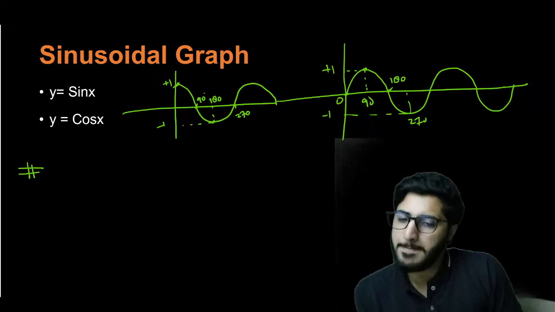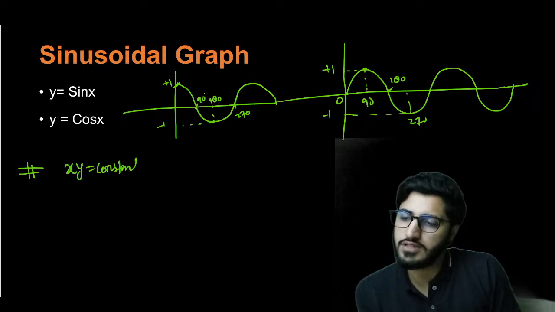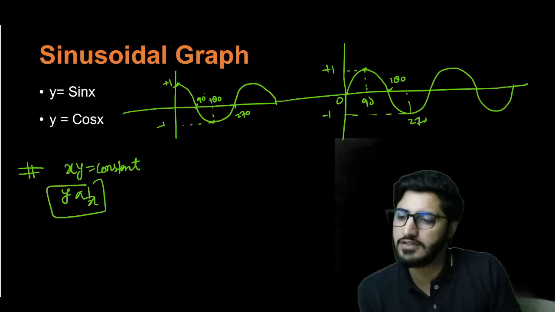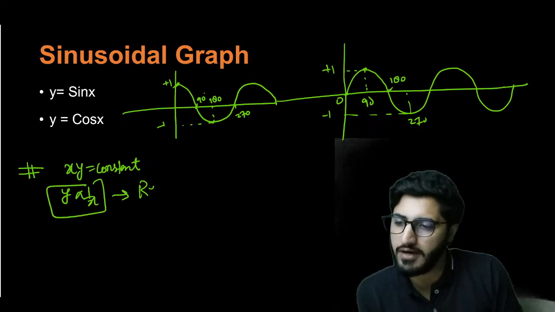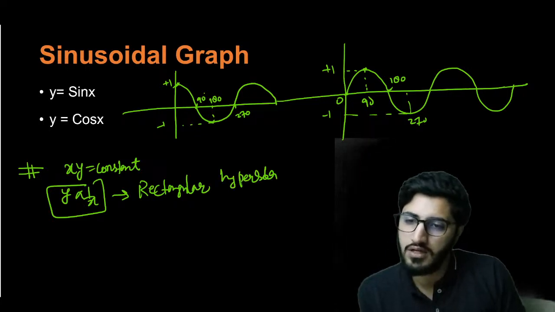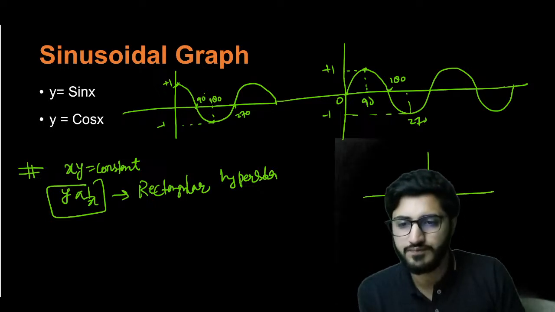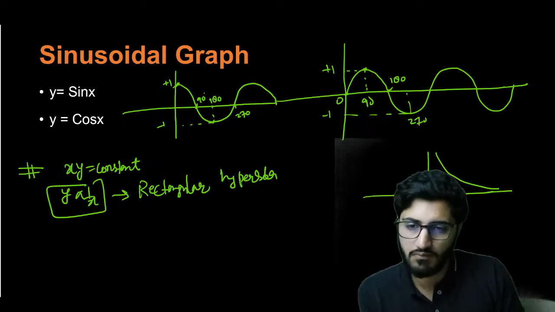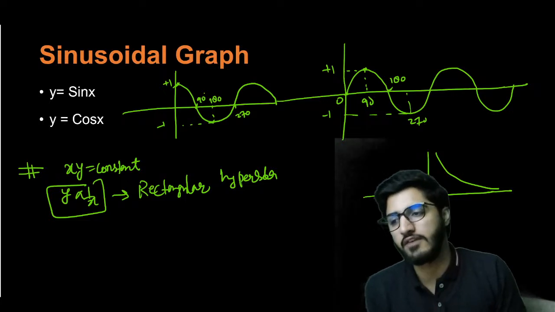If we are having, let's say, xy is constant, so you can say y is inversely proportional to x. If you are having this formula, so you can say my graph is a rectangular hyperbola. So my graph will look like this now.